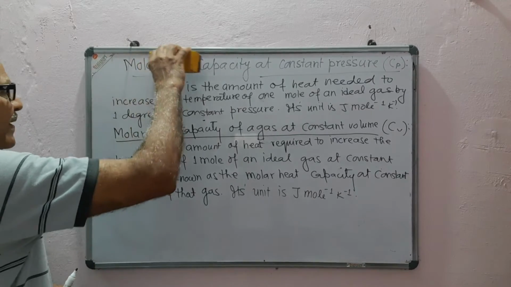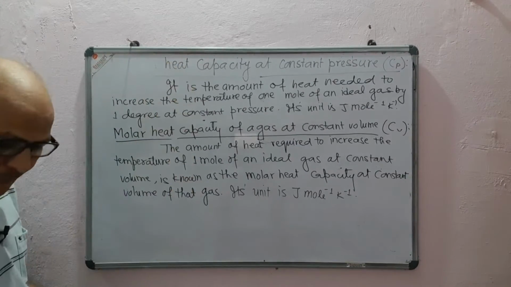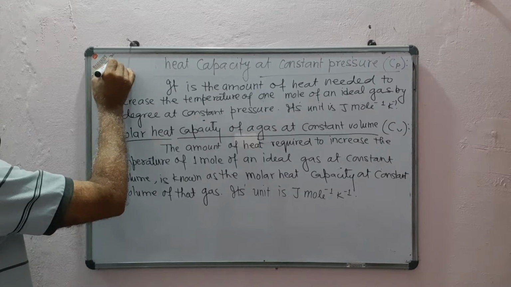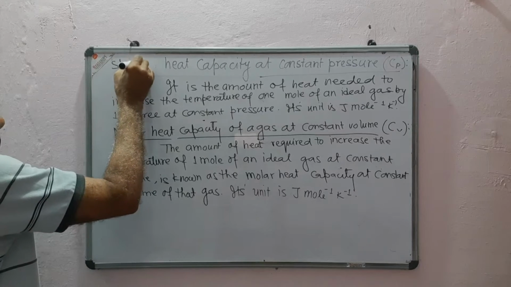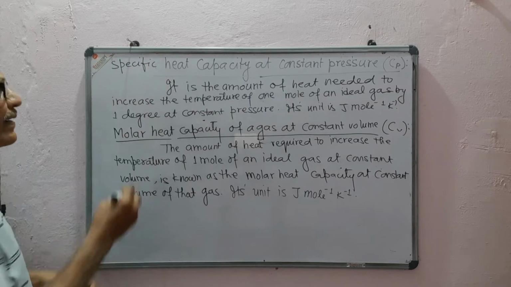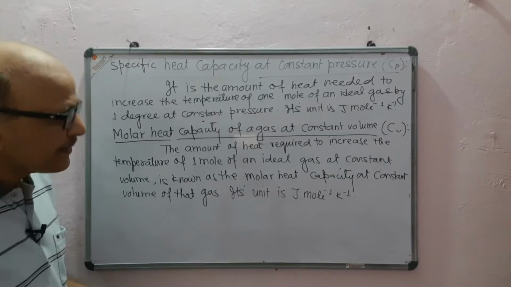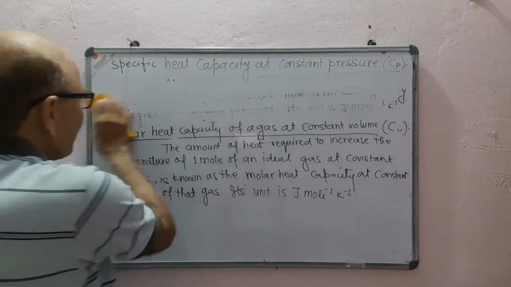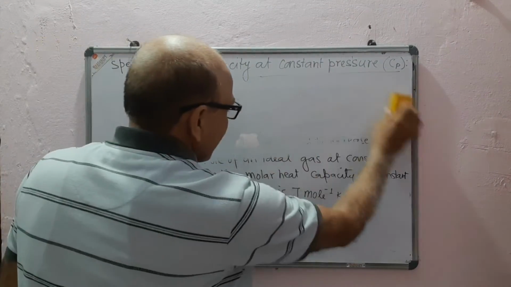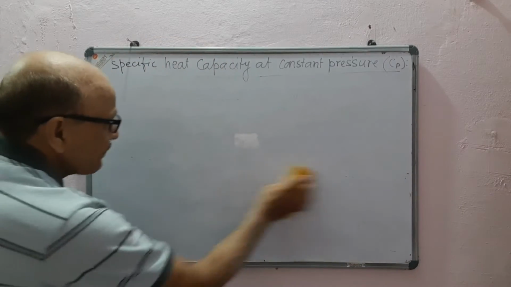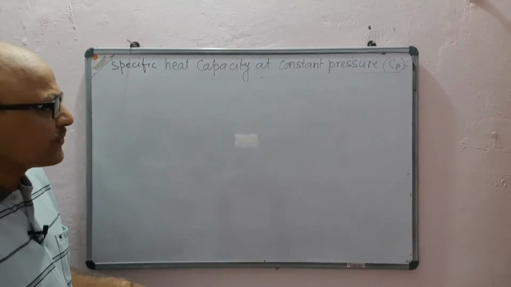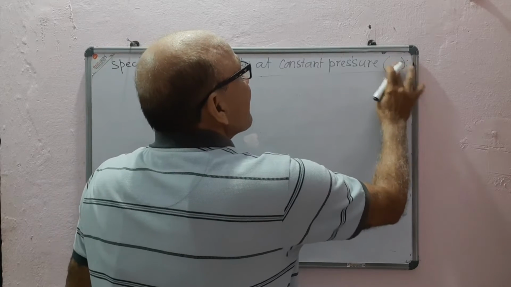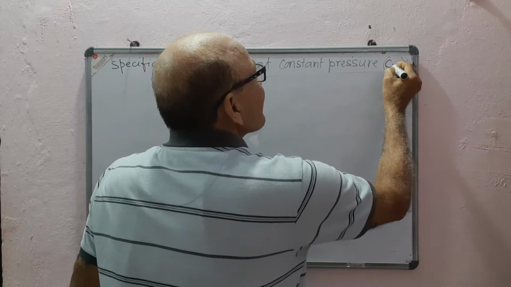Next we define specific heat capacity at constant pressure, C small p.